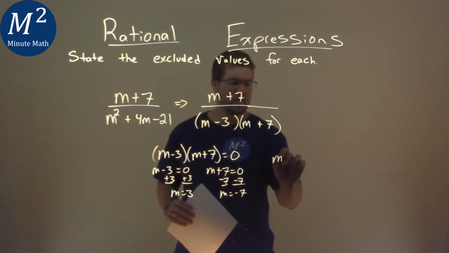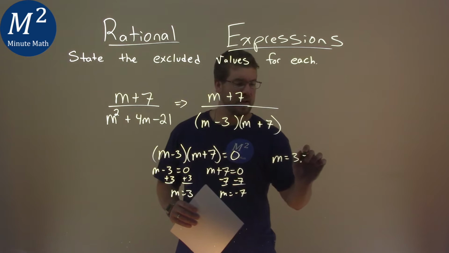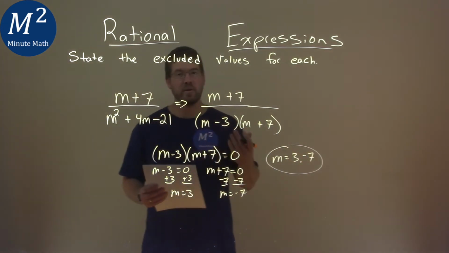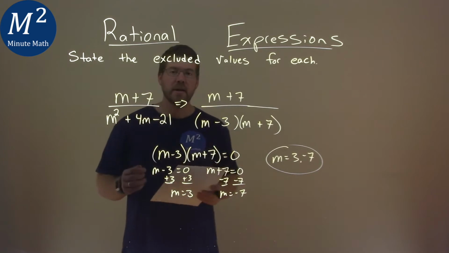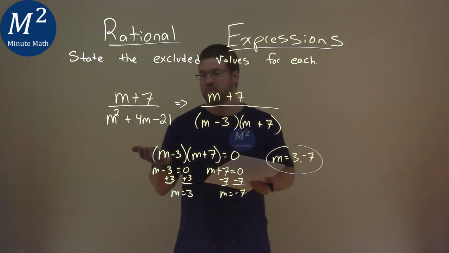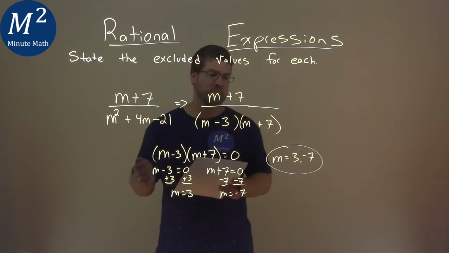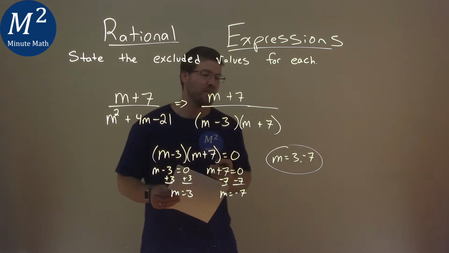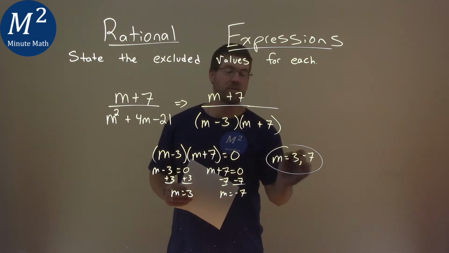And so our excluded values, 3 and negative 7 here, are the two values that, when plugged into our equation here, make it not true. You can't divide by 0. So 3 and negative 7 are our excluded values.